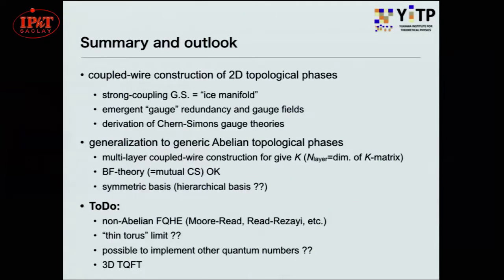What remains to do is to find a similar gauge field description for the non-Abelian fractional quantum Hall effect. We already know some coupled wire recipes for the Moore-Read state or the Read-Rezayi state and so on. My next question is to find a similar gauge field identification for these coupled wire recipes.